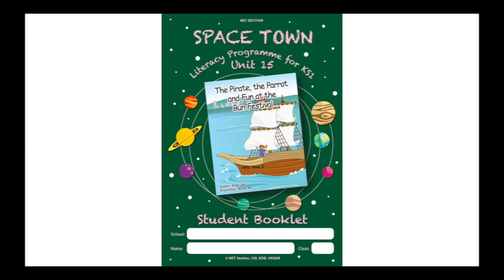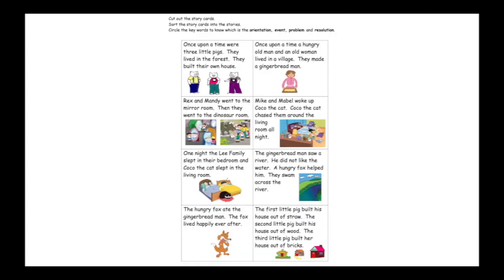Now we've recapped on what we learned last week, let's start today's activity. The first thing you need to do is turn to page 17. You can see there are 8 story cards, each with a different section of a story on.